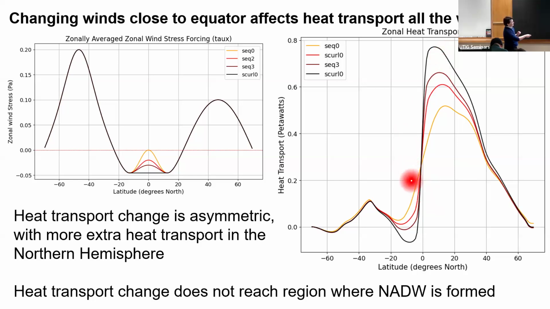We changed the heat uptake here by changing the winds, and that heat uptake gets moved all the way to here. That's what causes the differences in the different scenarios. There actually is no difference between our scenarios in the far north. And so the Atlantic Meridional overturning circulation doesn't care what the winds are at the equator. It's only the surface circulation that it turns out cares.